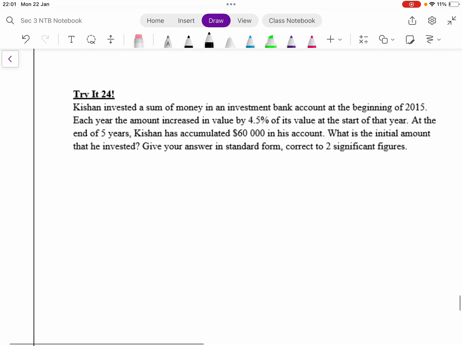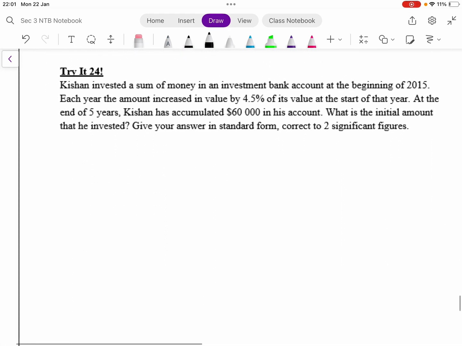Okay, so going back to try 24, same thing, amount increases by invested a sum of money. But they didn't tell you what it is, so we know that it's P. This is our rate. 5 years has accumulated 60,000, so that means your A is 60,000. So what is the initial amount that he invested?